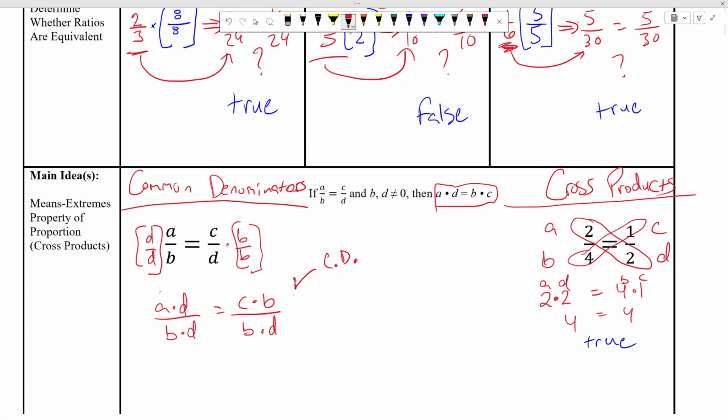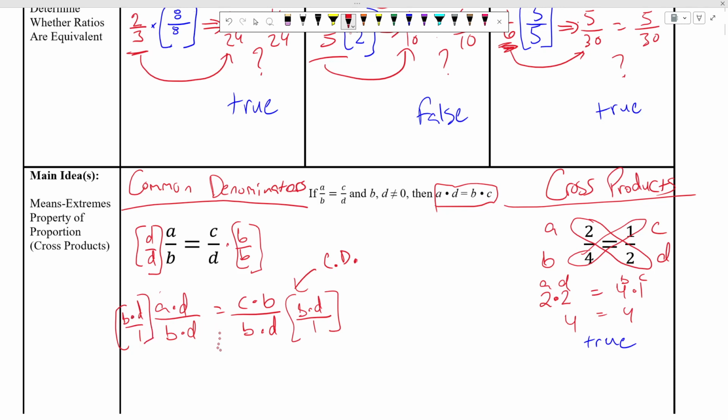Understand that if I want to get rid of this fraction, I would inverse away the b and the d. I recognize that c times b is being divided by b times d, so I'm going to inverse that away by multiplying it. Once I do what I do to one side, I have to do to both. So again, I will inverse it away.